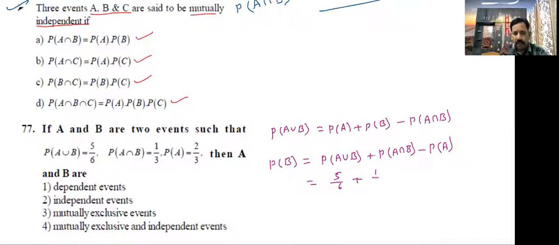Intersection B is 1 by 3, minus P of A, 2 by 3. Take the LCM, that is 6. We get numerator 5 plus 2 minus 4. 5 plus 2, 7.